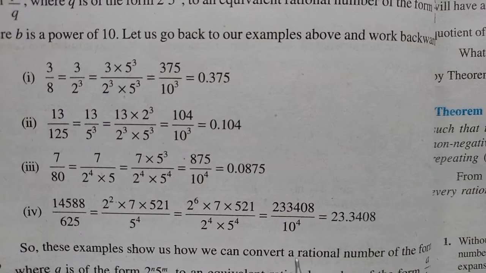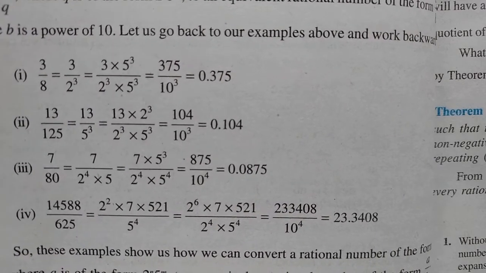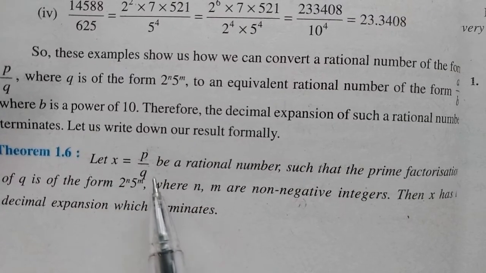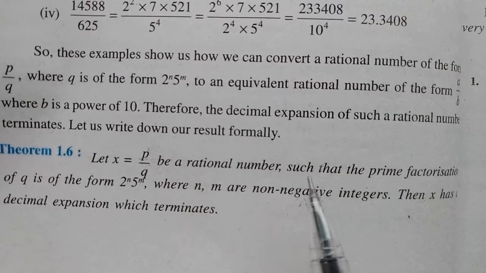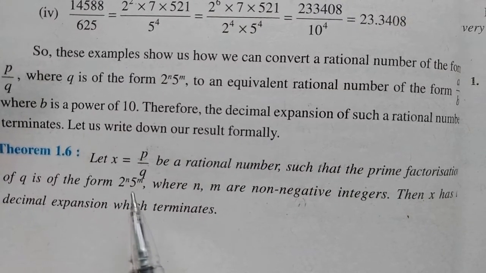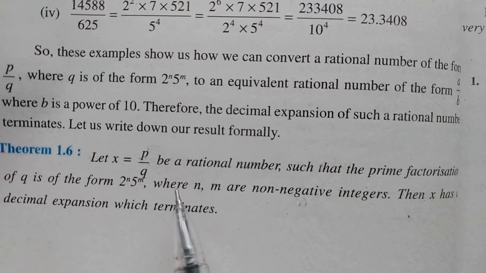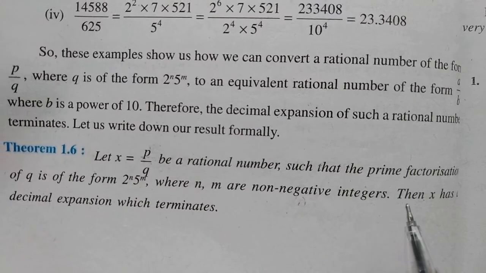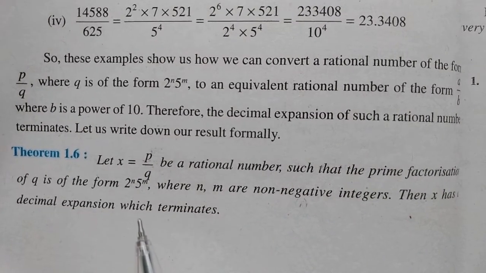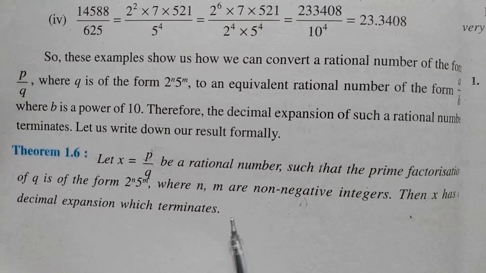So what conclusion do we make? That we will see in theorem 1.6. Let x equal p by q be a rational number such that the prime factorization of q is of the form 2 raised to n, 5 raised to m, where n, m are non-negative integers. Then x has a decimal expansion which terminates.